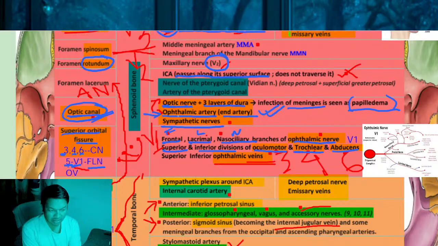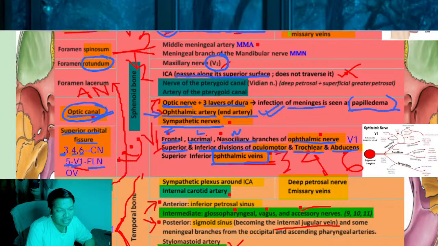This ophthalmic vein passes through the superior orbital fissure. From either ophthalmic artery or ophthalmic vein, you will get one question. This is a must question. So we have to remember the ophthalmic artery goes with the optic nerve, and the ophthalmic vein goes with 3, 4, and 6 nerves.